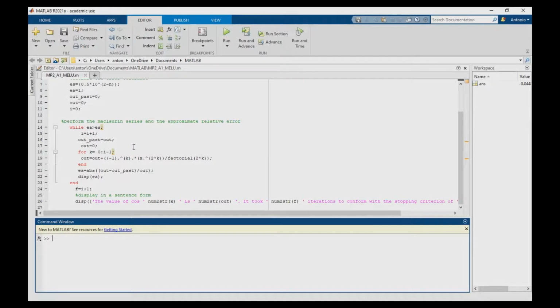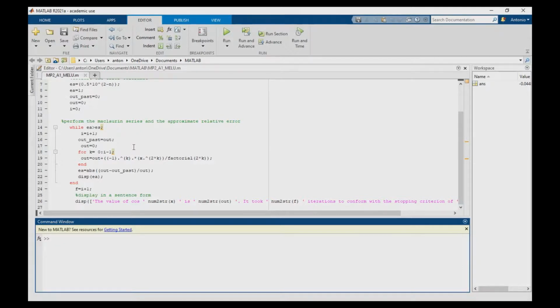So we clear it out again, and then in the for loop, k goes from 0 to I minus 1. I minus 1 is just the running number, 1, 2, 3, 4, 5, 6, 7, 8, and so forth.